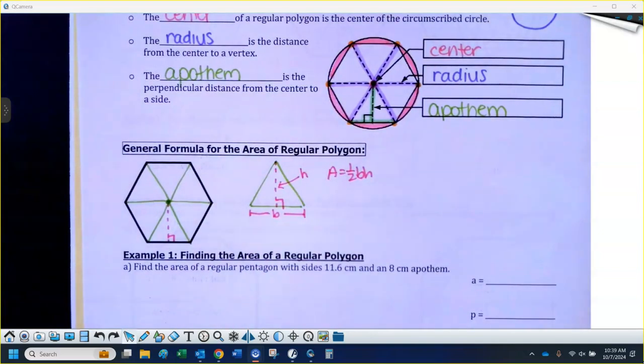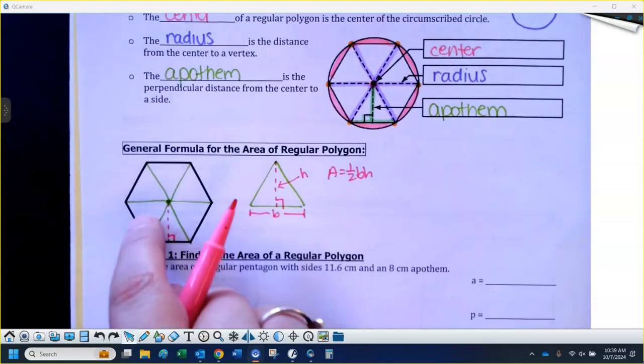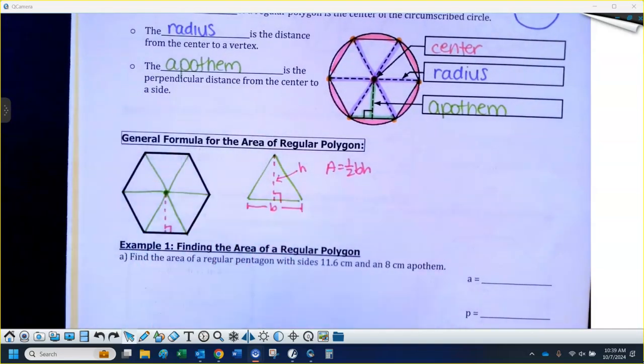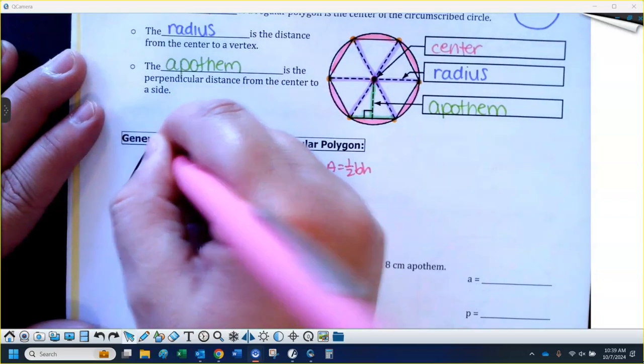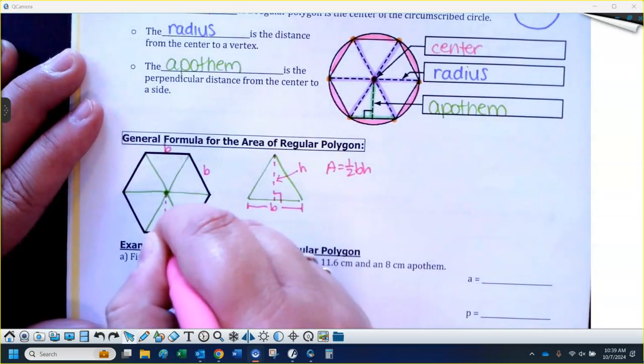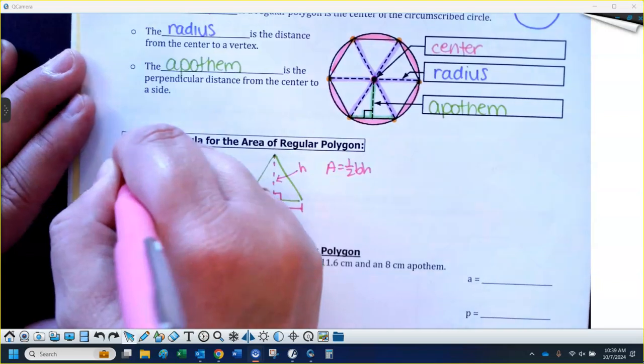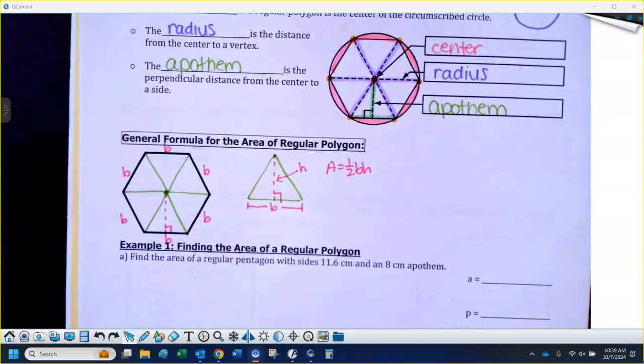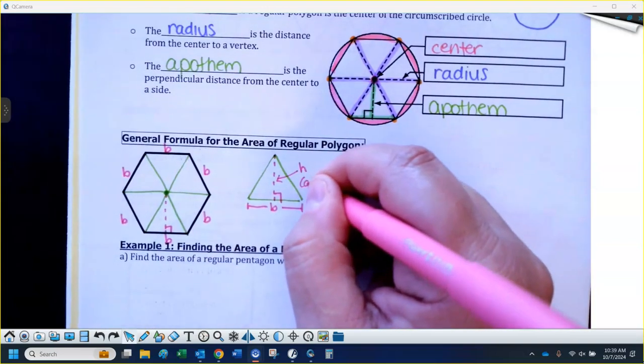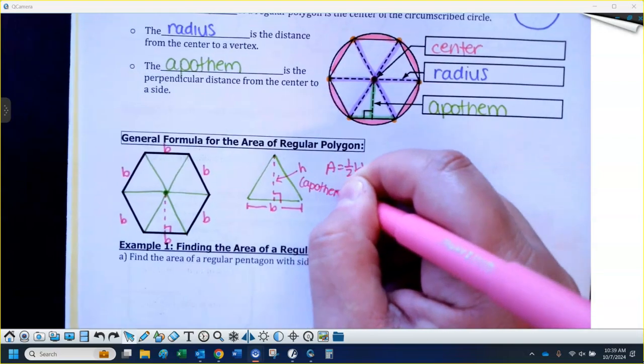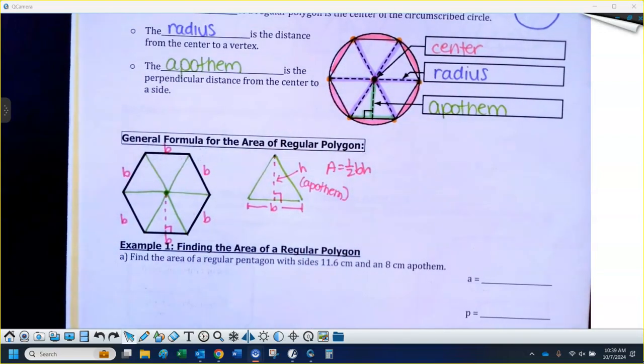Okay, here's where this formula comes from. Each one of these little triangles would be identical. So each base of each triangle, every single one of those sides would be the base. All right, and each would have the exact same height. The height is the same thing as that apothem, which when I write this formula, we're going to use a.